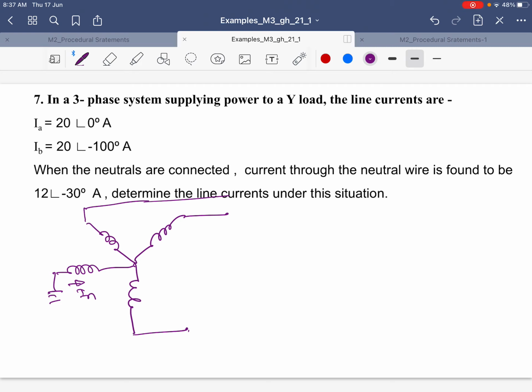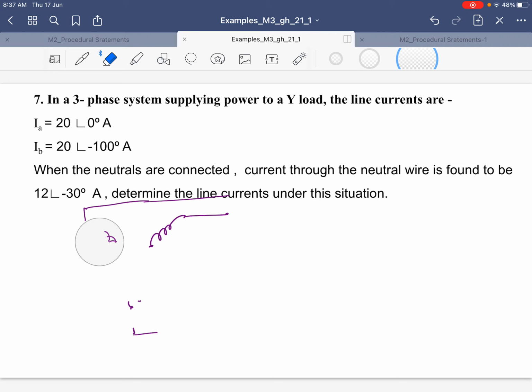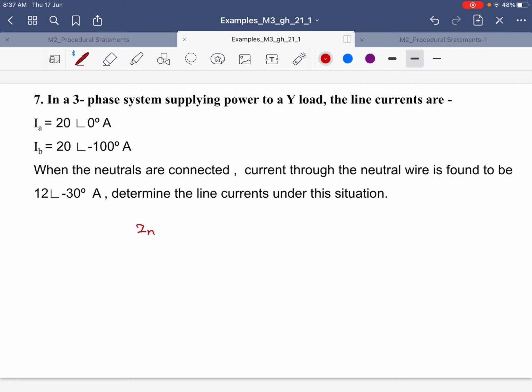Then we know that the total current through this is the sum of all the three currents. The value of IN is nothing but IA plus IB plus IC. It's a total current.